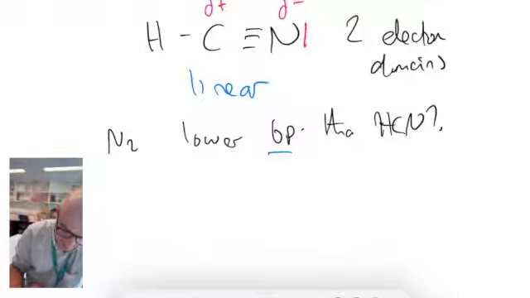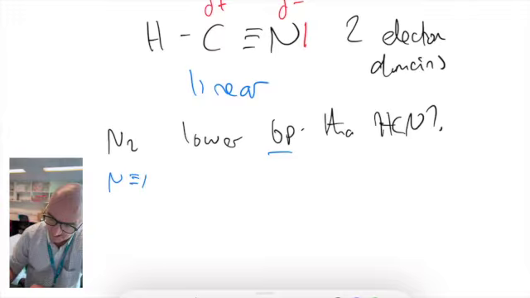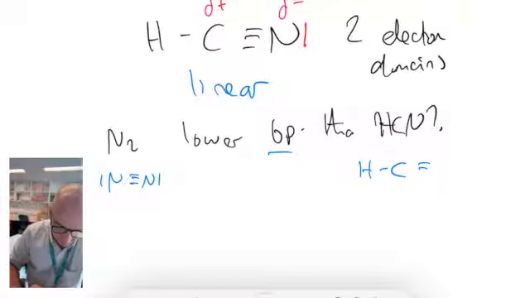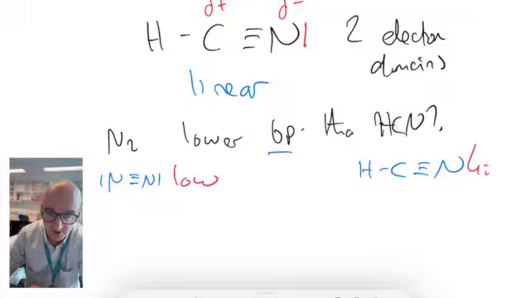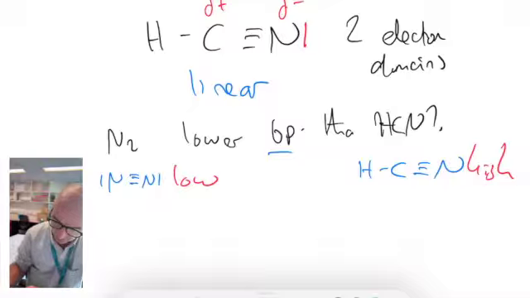Nitrogen, as you all know, is N triple bond N with a lone pair of electrons on each of the nitrogen atoms, and HCN we've just been looking at in the previous question. So explain why this is lower. So this is low and this is high. It's good practice to write out the details from the question. Under the question, have a scribble on the exam paper. That's really useful to do.